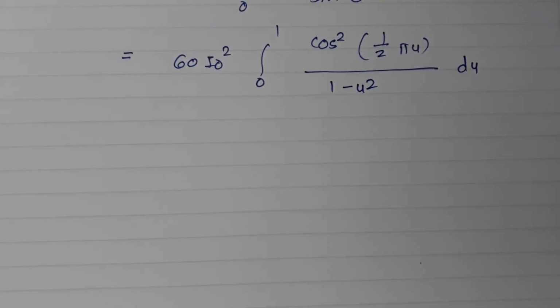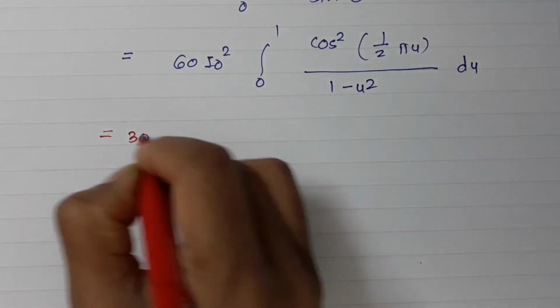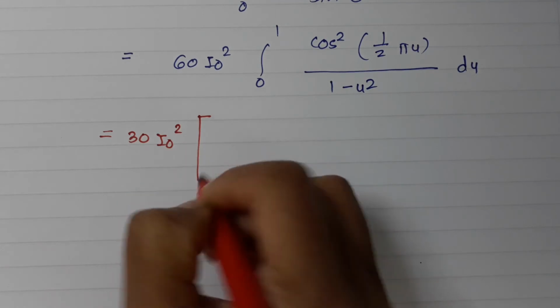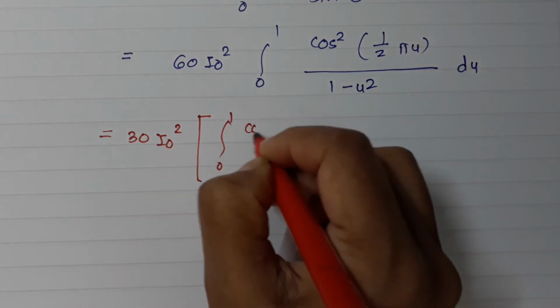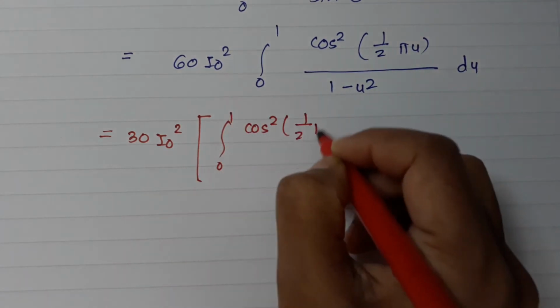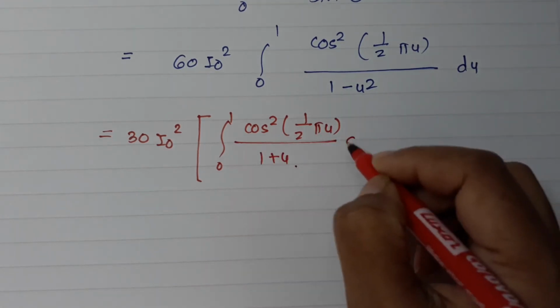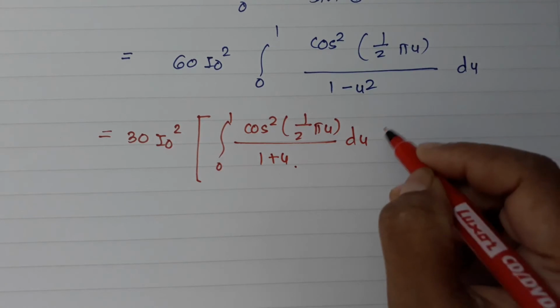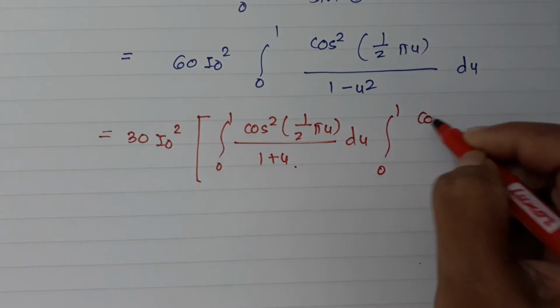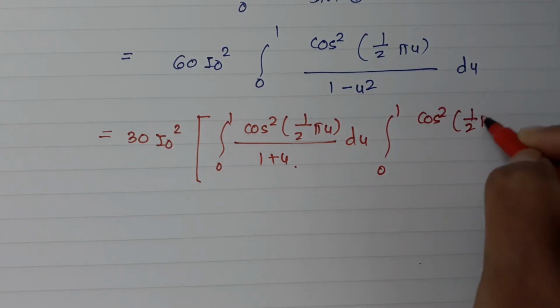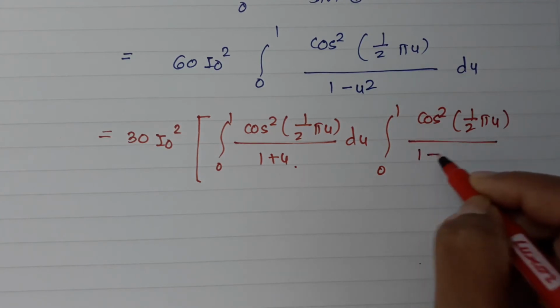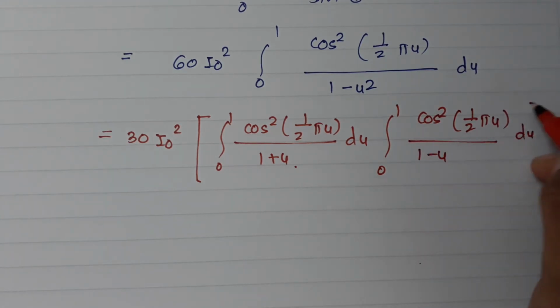Now here we can solve it for two limits. So 30 I0 square 0 to 1 cos square (1/2 pi u) times 1 over (1 plus u) du, and 0 to 1 cos square (1/2 pi u) divided by 1 minus u with respect to du.